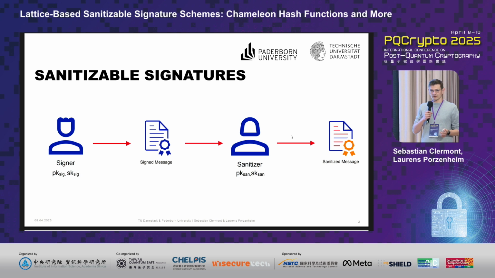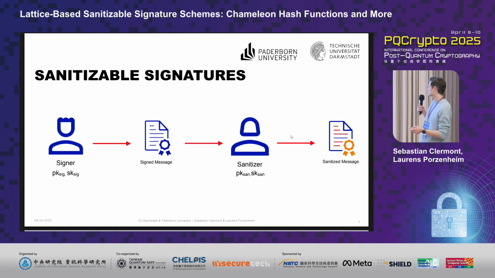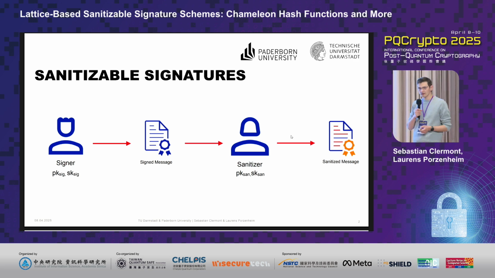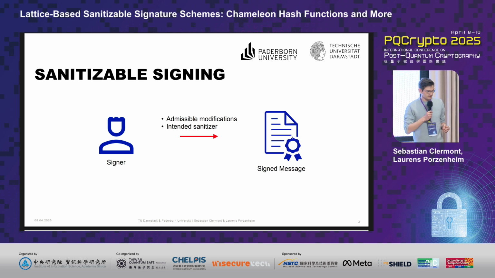Now this is the point where the sanitizable signature becomes interesting, because now you also have a sanitizer, and the sanitizer also has its own public and secret key. The sanitizer can now create modifications of this initial signature to create a sanitized message. For this to work, the signer needs to include some additional information into his signature.